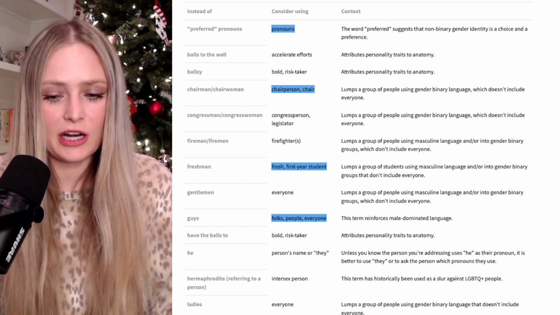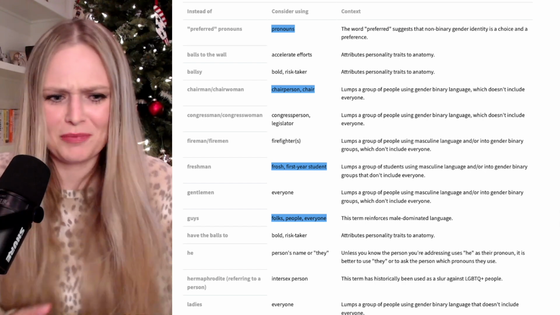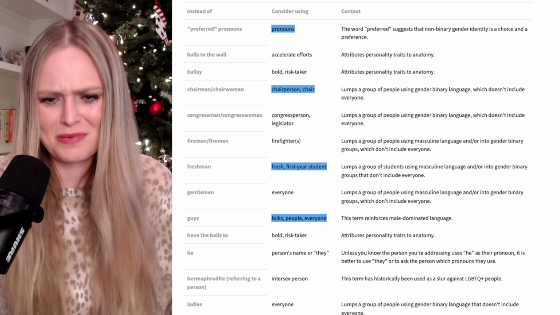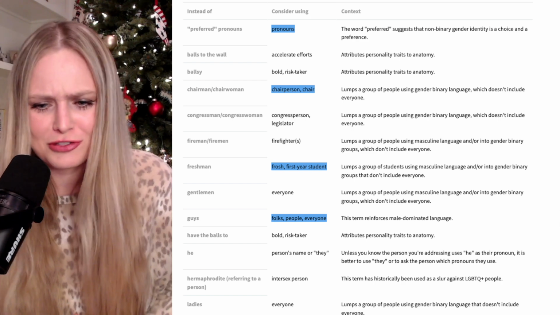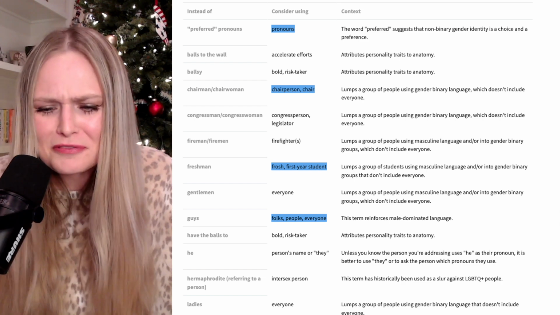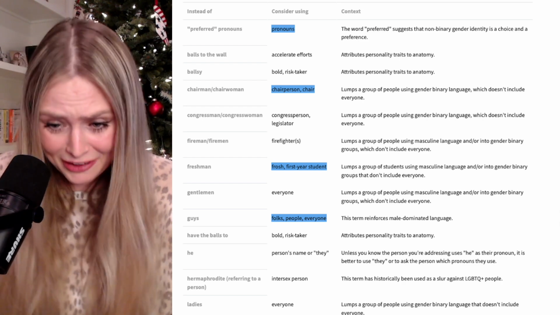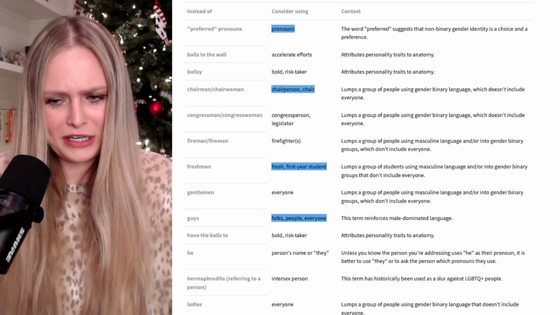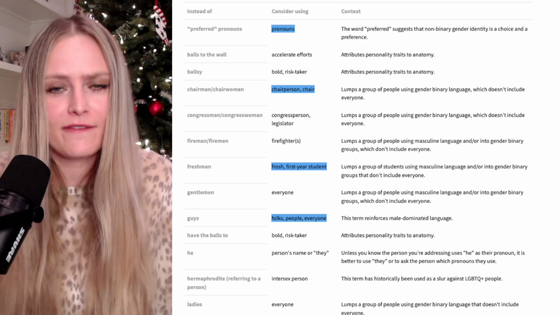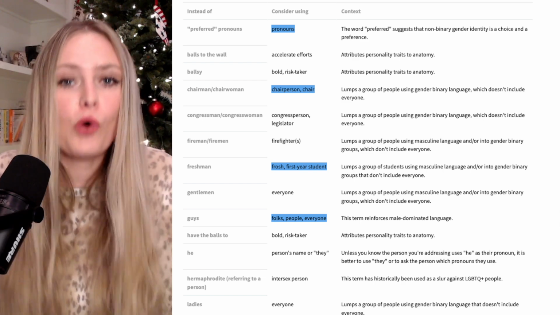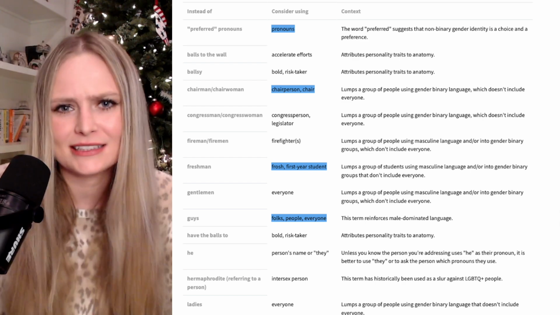So continuing on, this document also now is taking issue with freshmen. They want you to call people frosh or first-year students because it lumps a group of students using masculine language into gender binary groups that don't include everyone. Freshmen. No one thinks of that like, oh, that's masculine language.